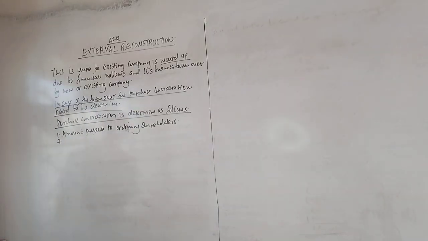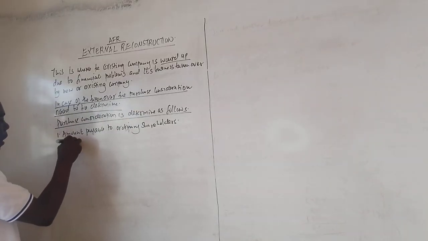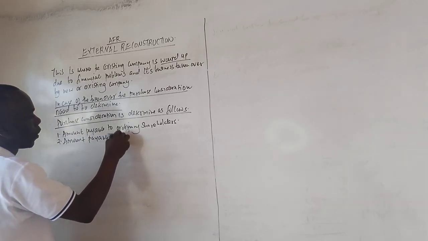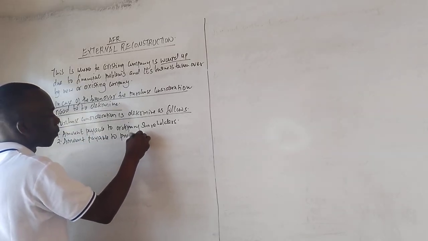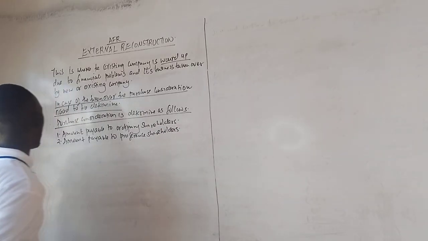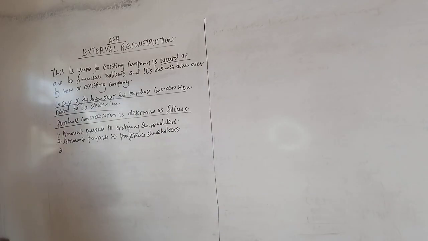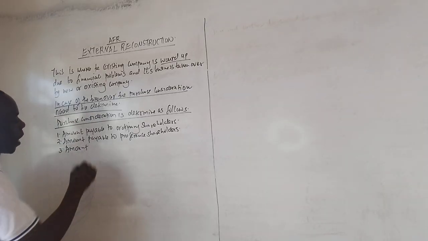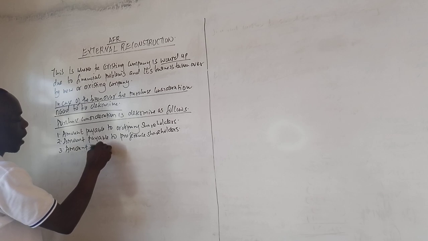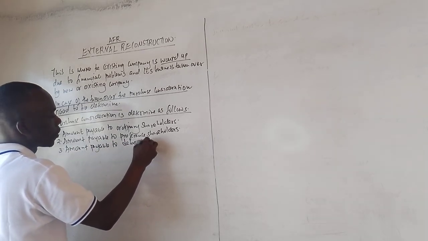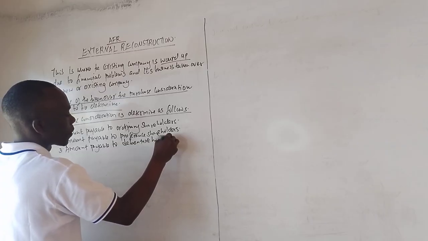Number two is the amount payable to preference shareholders. Then number three, we have the amount payable to debt holders or debenture holders.